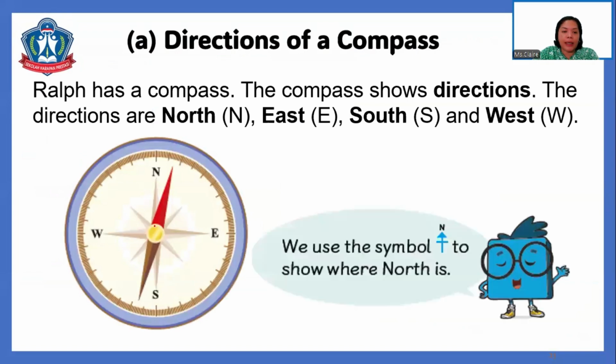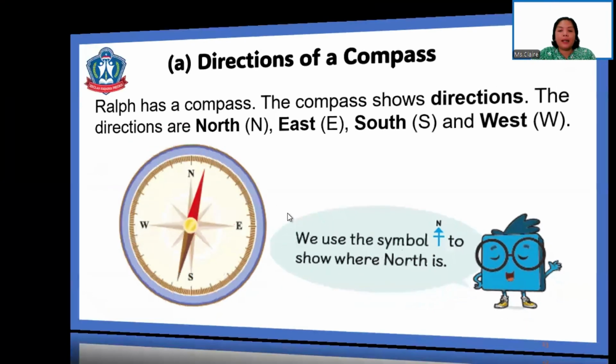If you are standing here, in front of you is the north, back is south, on your right side is the east, and on your left side is the west. We use the symbol to show where north is. Always, children, when we learn about directions, in front of us is always the north.